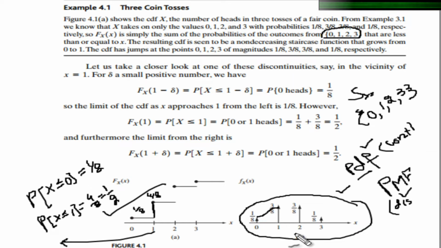After it, to find the probability that x is less than or equal to 2, what will be the value of this one? It will be now here, and at this point at 2 it will suddenly jump to this level, and this level is basically now the addition of 4 by 8 and this 3 by 8.